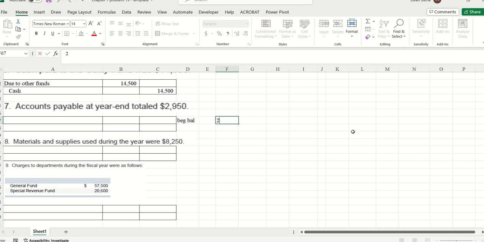It was 2550, and then we're going to add the current year's activity, which, if you remember, up in journal entry number 3, we hit accounts payable for 8,400.